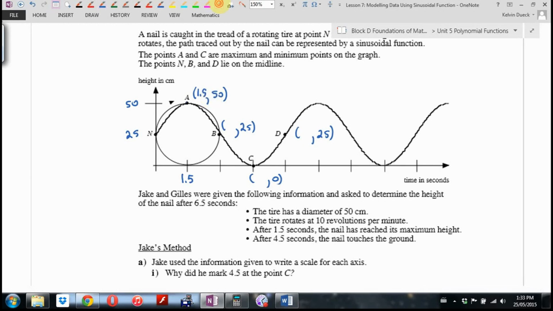Can you read to me the fourth bullet point? Are we talking about point N, A, B, C, or D? Can you figure out what the x-coordinate at B has to be? Each hash mark looks like it's 1.5.